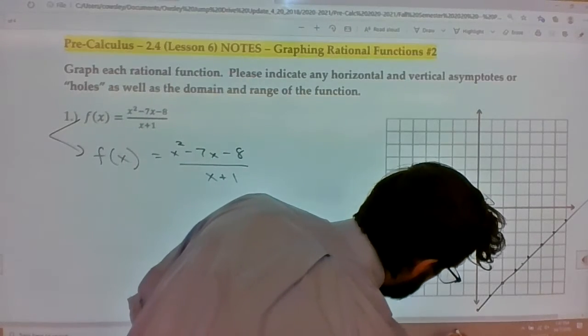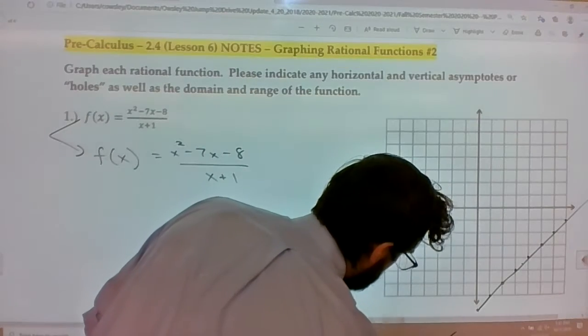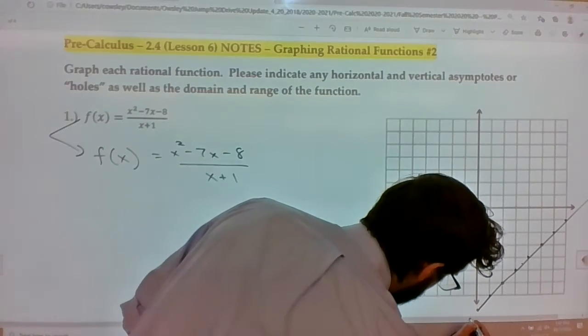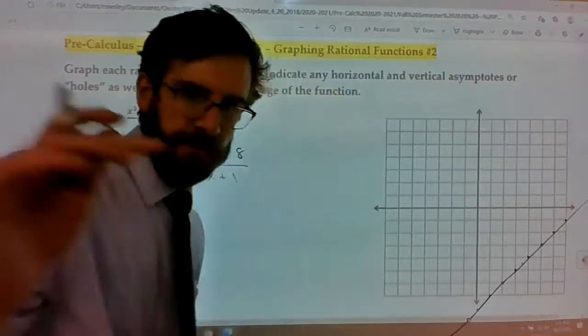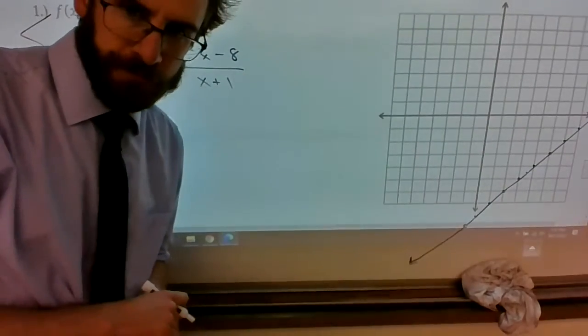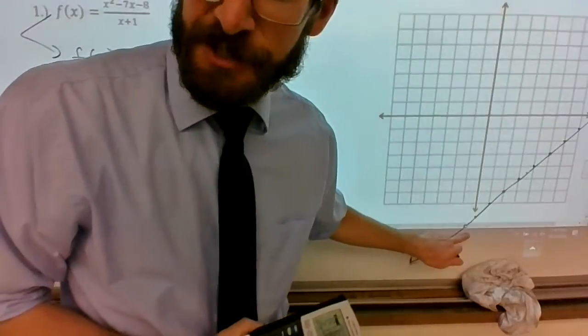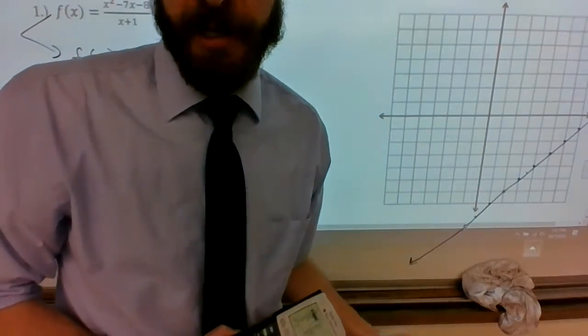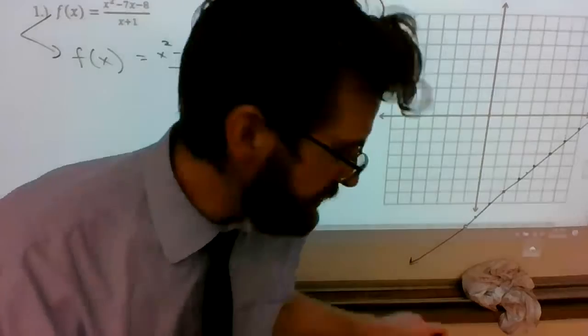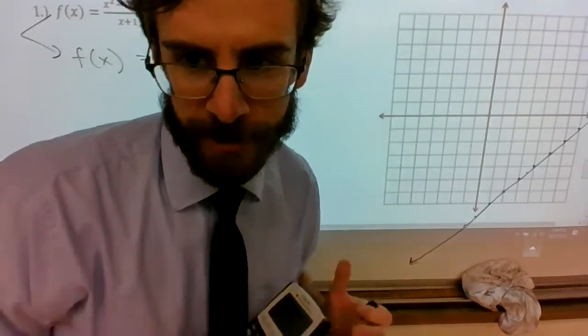So everything works up until this point, but it's not an asymptote. It doesn't have behavior that hugs the dashed line. It basically says, hey, you don't exist right there, but everybody else is good.